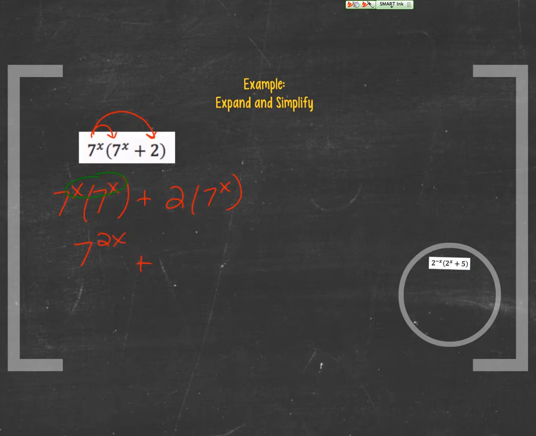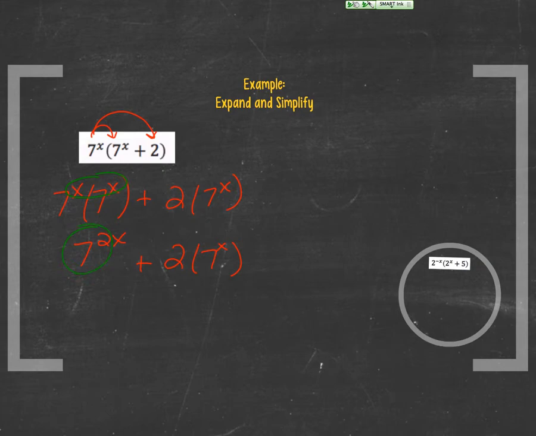And actually with this, I can't do anything else. 2 and 7 are not the same bases. I can't combine them. I can't multiply it because that 7 has that exponent. So I leave that exactly the same. I can't do anything else with it. We are going to do one more thing, and I'm going to skip a step here and see if you guys are okay with it.